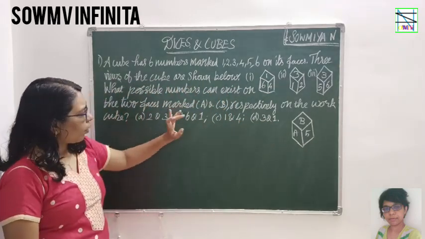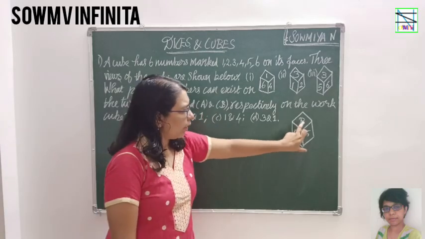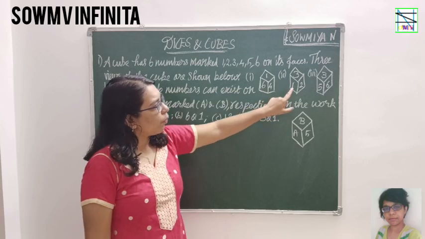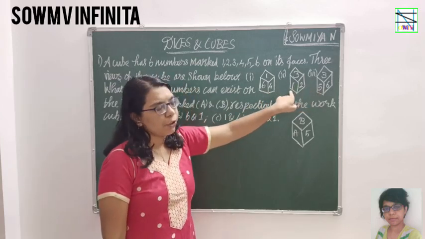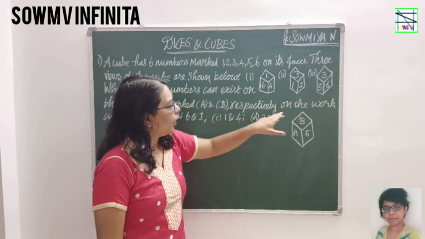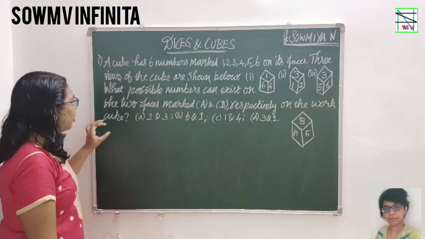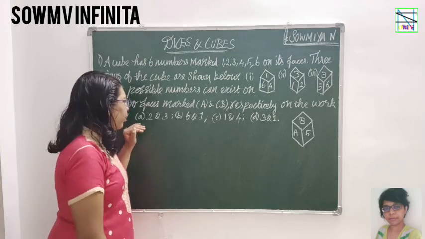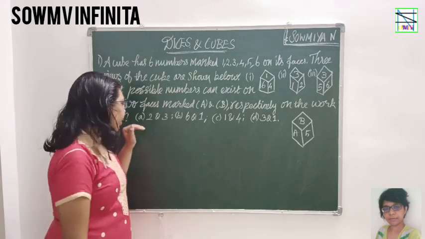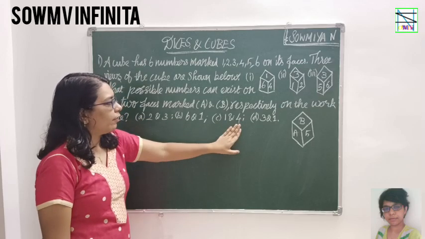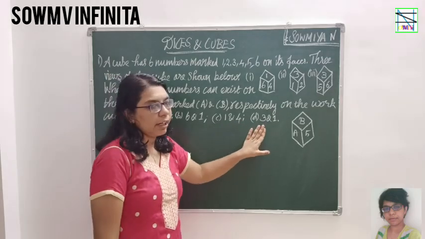The two faces marked A and B respectively. A is here and B is here. So 5 is opposite to 1 respectively on the cube. These are the options: A is 2 and 3, B is 6 and 1, C is 1 and 4, and D is 3 and 4.